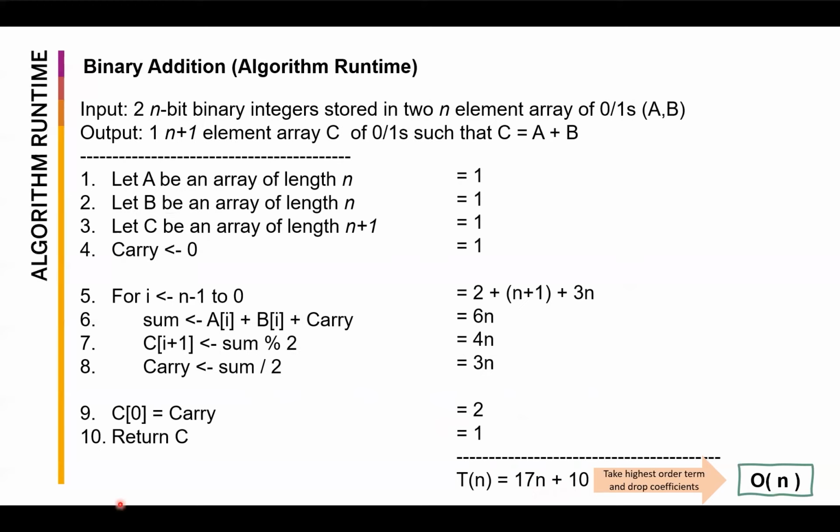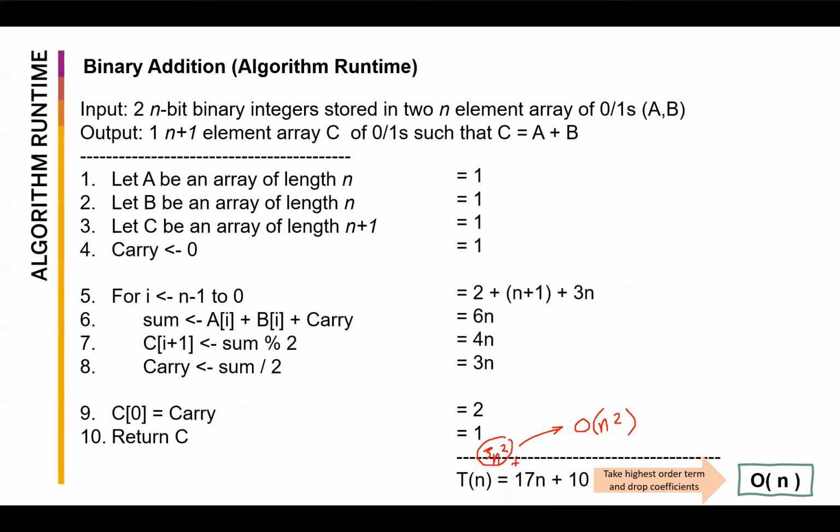So let's say we have another term here, which is 3n squared plus 17n plus 10. That means our highest order term would be 3n squared. And if we drop the coefficient, that brings the runtime to O of n squared.